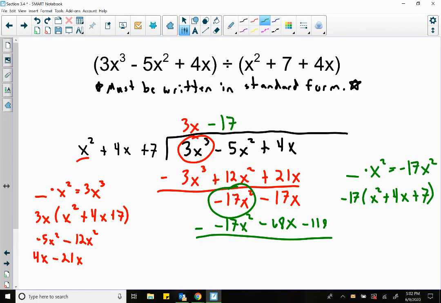So we know that those cancel out. Now we have negative 17x minus a negative 68x. Well, two negatives next to each other become positive. So it's really negative 17 plus 68, which is 51x. Now over here, notice there's nothing above here.